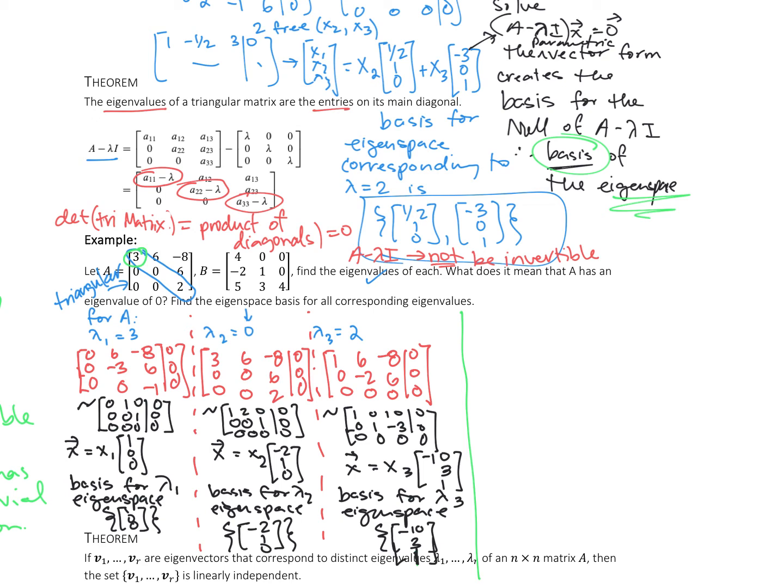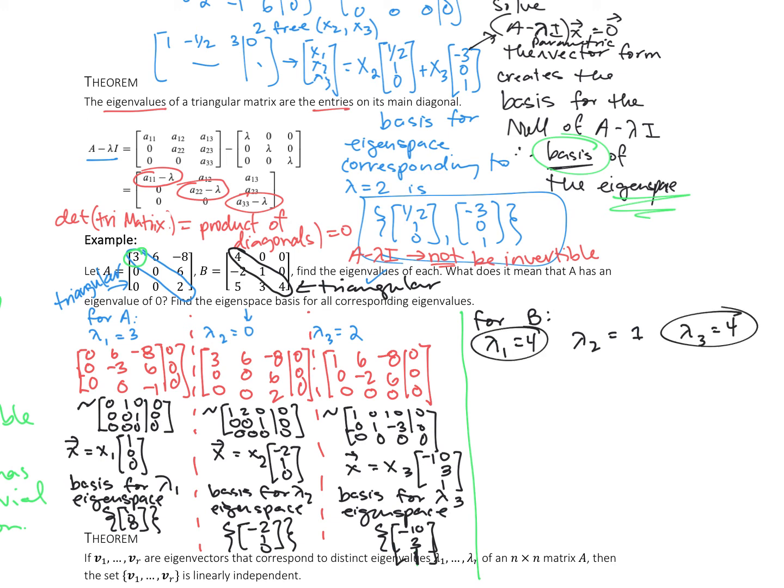All right, now B is an interesting one. So for B, if we look along this main diagonal, again, this is a triangular matrix. So I have lambda 1 is 4, lambda 2 is 1, and lambda 3 is also 4.